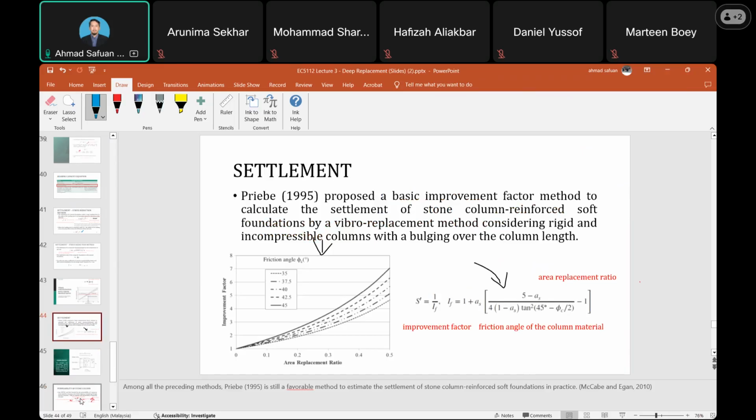So the improvement factor IF, with the friction angle of the column material, and AS is the area replacement ratio. Among all the preceding methods, Priebe is still the favorable method to estimate the settlement of column reinforced soft soil in practice.